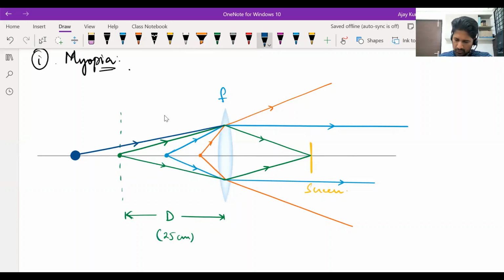This dark blue ray that is incident converges more than the green ray. If it converges more than the green ray, then the image forms in front of the retina. But what happens is the eye adjusts its focal length such that that blue dot's image also forms on the retina. That will be a different focal length.